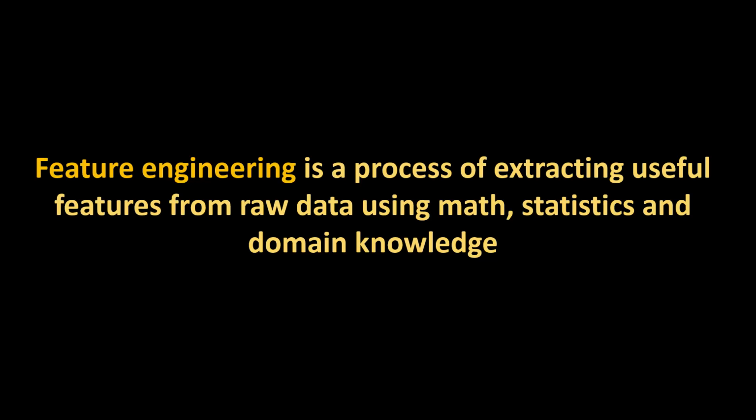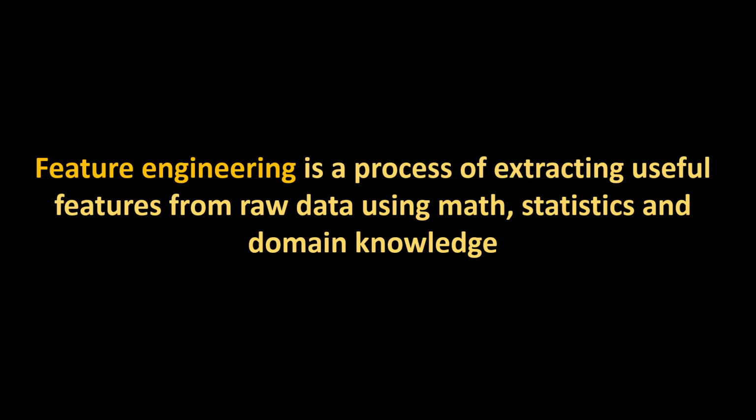So feature engineering is basically a process of extracting useful features from raw data using mathematics, statistics, and domain knowledge. We have seen advancements, especially in the area of neural networks, where you can auto detect the meaningful features.